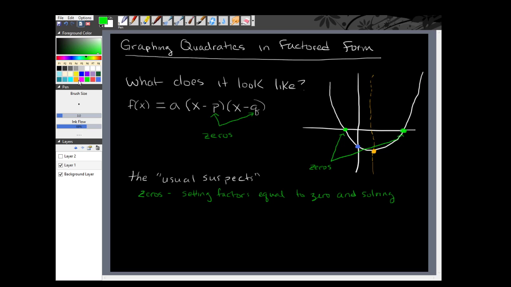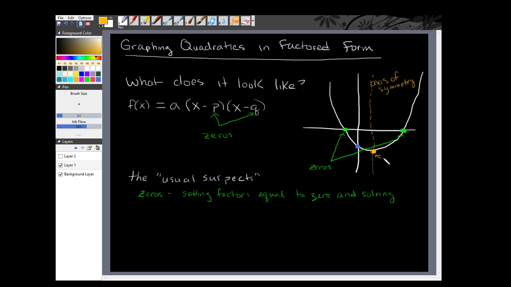Another really important one is to find this axis of symmetry, which is this vertical dotted line that you see here. So all parabolas happen to reflect over their axis of symmetry like this. And on the axis of symmetry, you have either your smallest value, called a minimum, or your largest value, called a maximum.